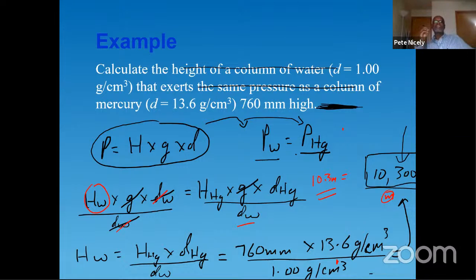So that's the reason why mercury is used, because of the high density of mercury, the height of the tube is shorter compared to the height required if you were to use water, all right? So that's why mercury is used in instruments such as the manometer or the barometer.